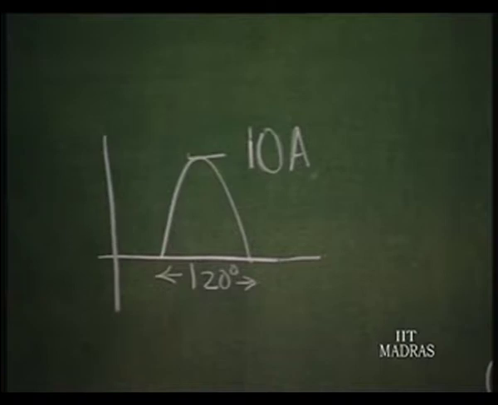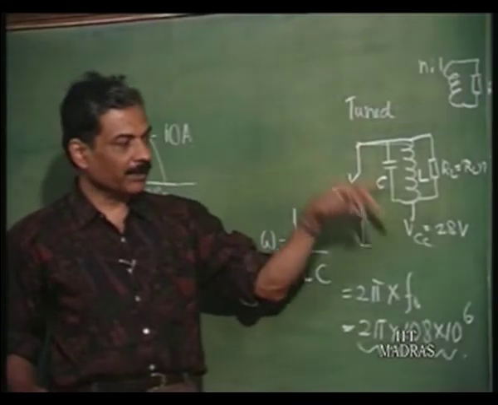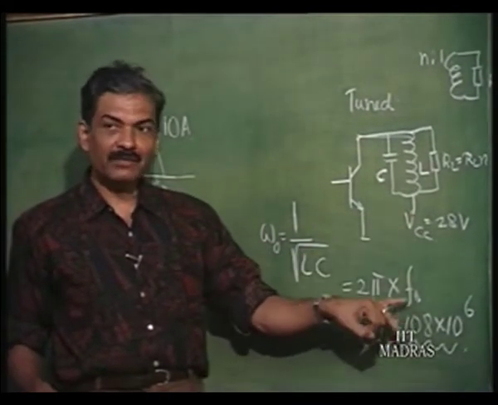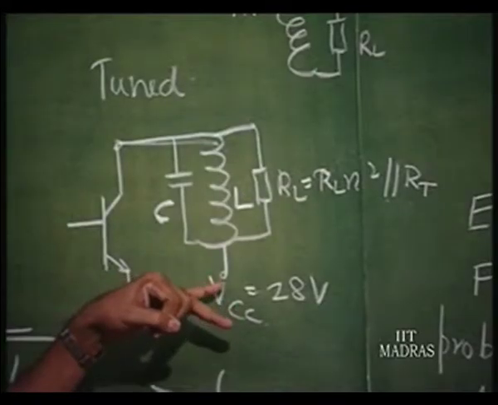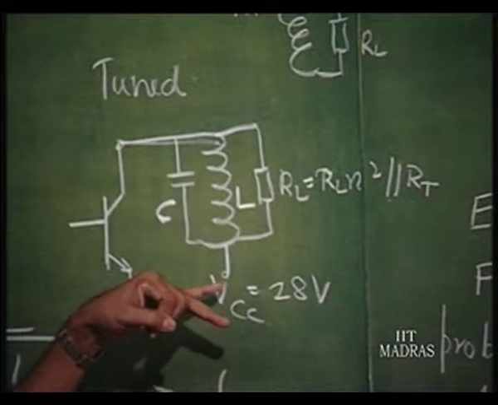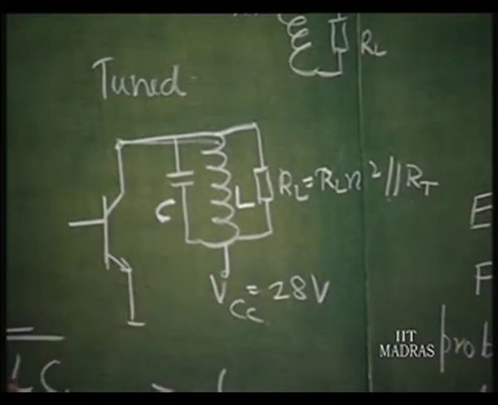We have established that the tuned circuit will only sustain a voltage corresponding to this frequency, and therefore the voltage developed will be corresponding to this frequency with peak swing being made equal to very nearly VCC. Otherwise, it is VCC minus V minimum, whatever minimum value you can choose.